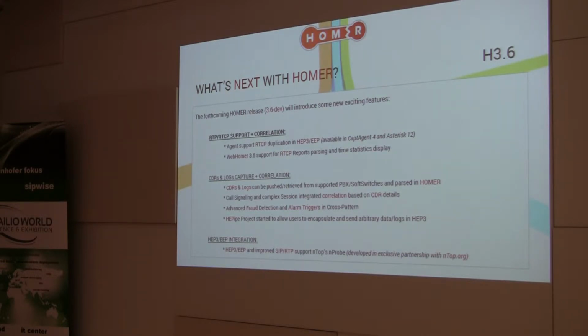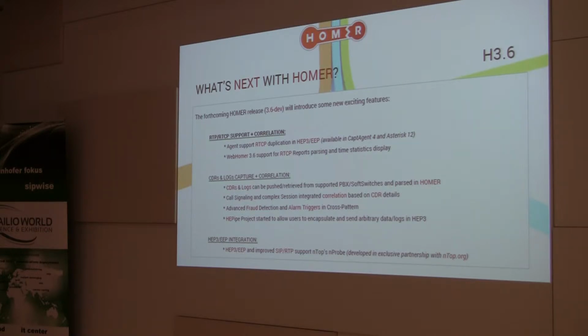Its major changes are that we now have RTCP support and CDR correlation. I already did a dangerous demo today of how it can work with Asterisk. In real time, you are able to see all RTCP traffic and calculate MOS on the fly.